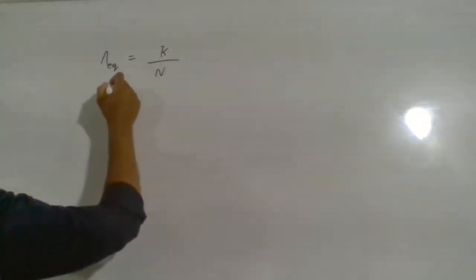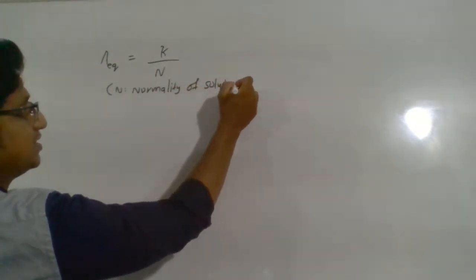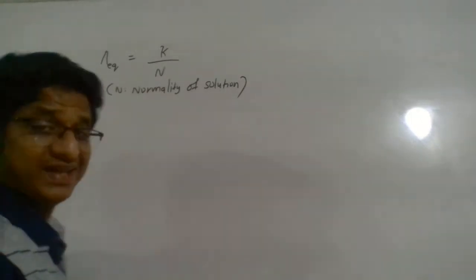So lambda equivalent is equal to kappa divided by N, where N is the normality of the solution. So this is the way you can find equivalent conductivity.